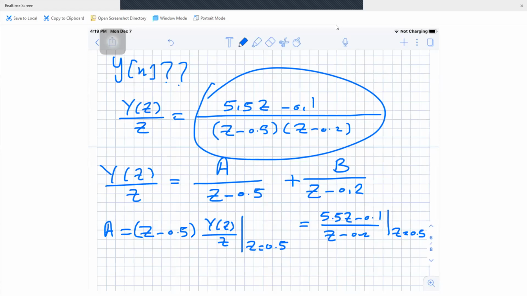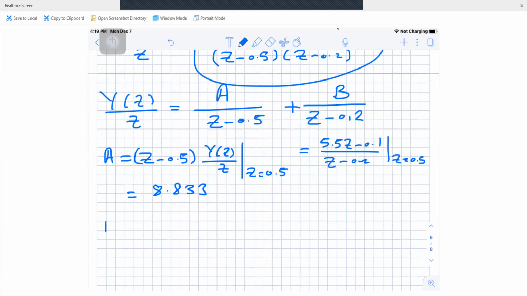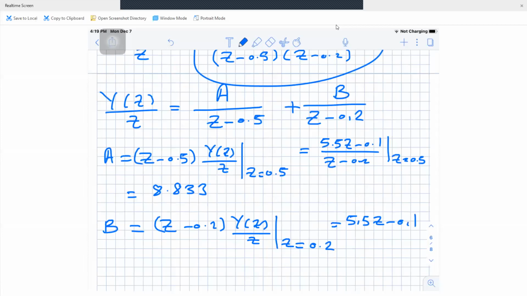Substituting and simplifying, A will be 8.833. Okay, this is for A. For B, it will be z minus 0.2 multiplied by y of z over z, substituting when z equals 0.2: 5.5 z minus 0.1 divided by z minus 0.5, when z equals 0.2.